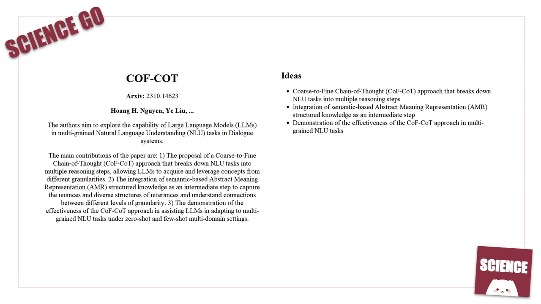They also integrate a structured knowledge representation called abstract meaning representation, AMR, to capture the nuances and connections between different levels of granularity. The paper demonstrates that this approach is effective in helping LLMs adapt to different NLU tasks in multi-domain settings. Overall, the paper contributes to improving the capabilities of dialogue systems in understanding and responding to human language.